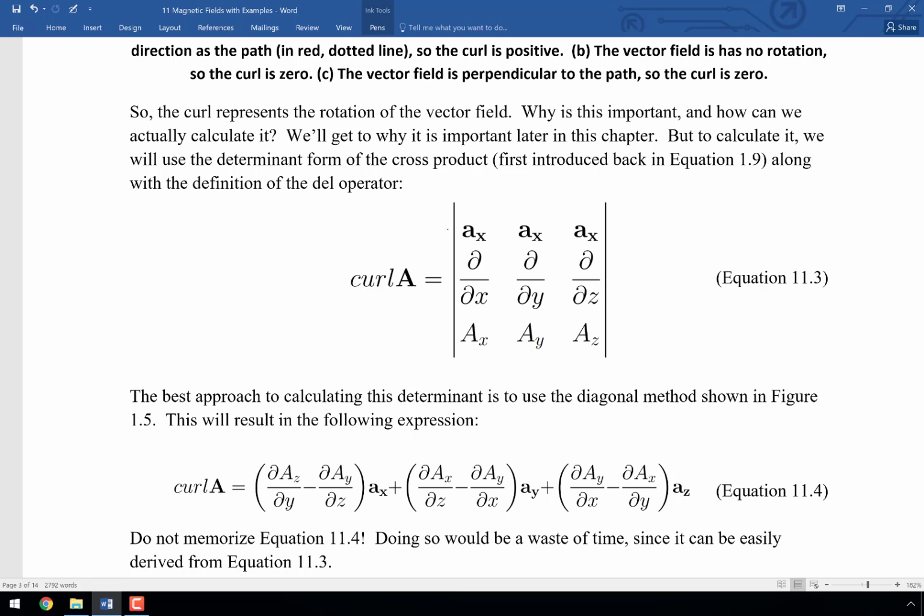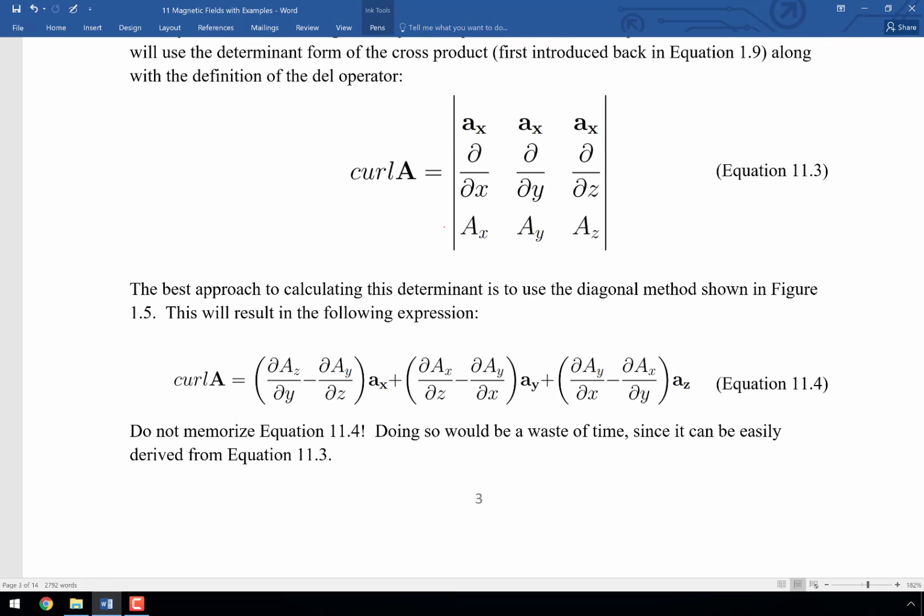We have a number of ways of calculating this determinant, but I'm going to remind you of what I think is the best method, which is the diagonal method. If you look way back in figure 1.5, you can see that diagonal method. We're also going to see it in a couple of examples coming up. Equation 11.3 can be rewritten as equation 11.4. We've just expanded out the determinant so that it's individual partial derivatives.